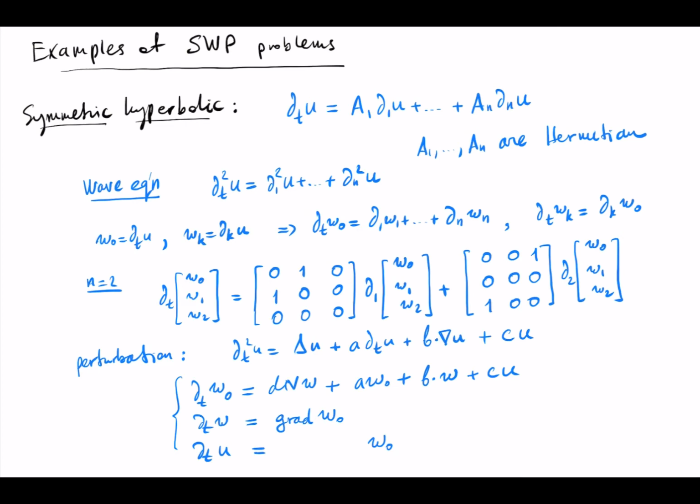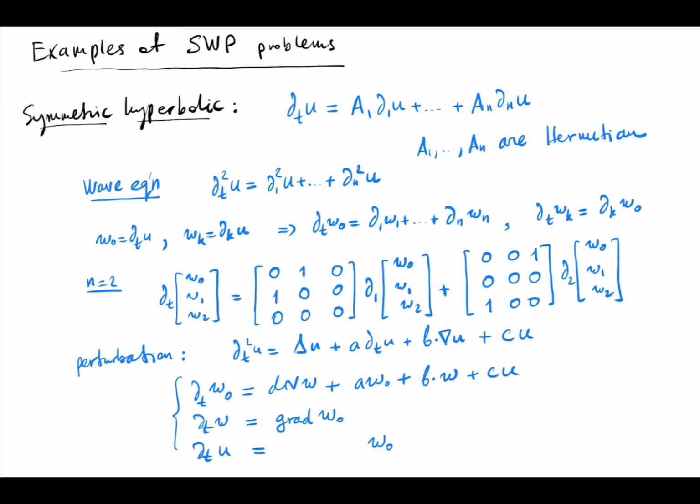Then the original wave equation can be written like this, and from the definitions, we can write the time derivative of those wk's are actually the space derivatives of w0, or just the gradient of w0.